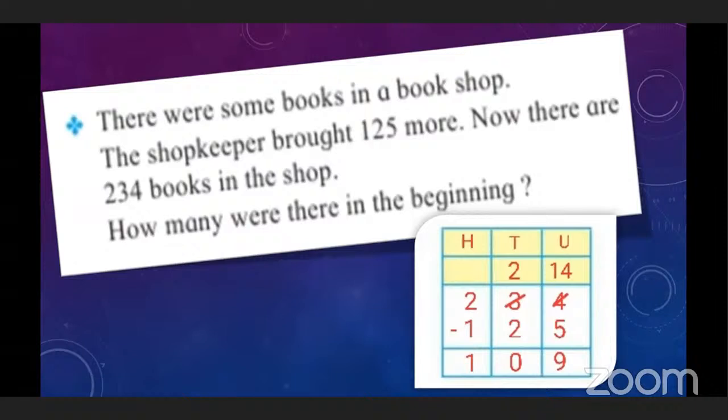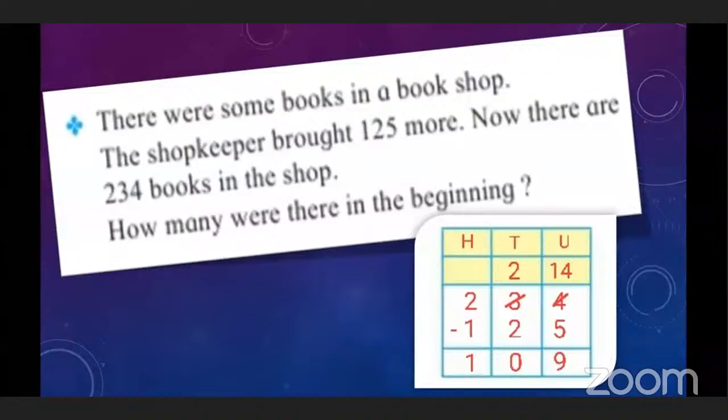While solving this kind of sums, it is essential to read the question carefully with full concentration, and try to get the information first, and try to find out what we are going to find in this type of sum or word problem. So the answer we got here is 109 books were there in the beginning.